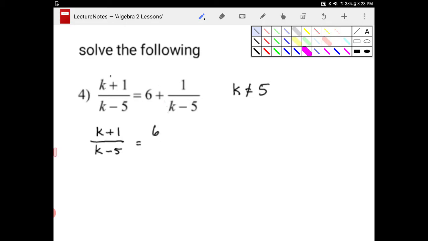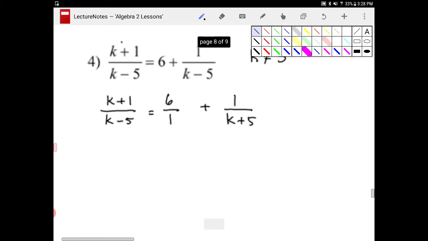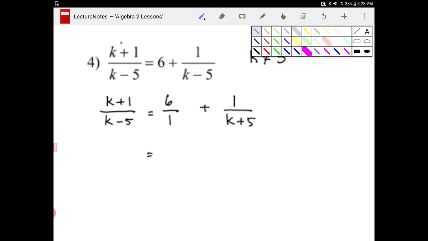So 6 here is really 6 over 1, and I want to add these two values together on the right. In order to do that, I want to create a common denominator. I'm going to multiply by k plus 5 over k plus 5, and therefore I will have a common denominator of k plus 5.